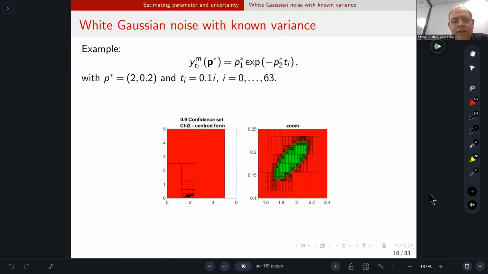In green, these are boxes which are guaranteed to belong to the set, red boxes which are outside, and in yellow you have small boxes which are at the boundary. So we are able to characterize a set which corresponds to the confidence region. Here, this is a 90% confidence region.